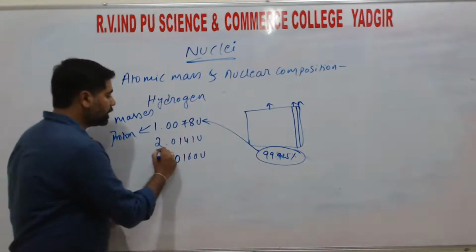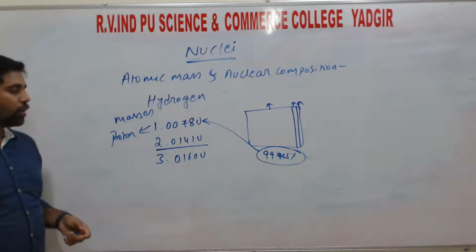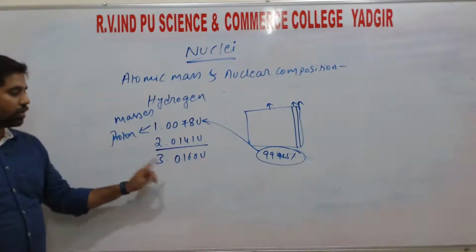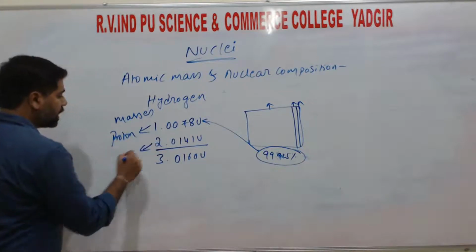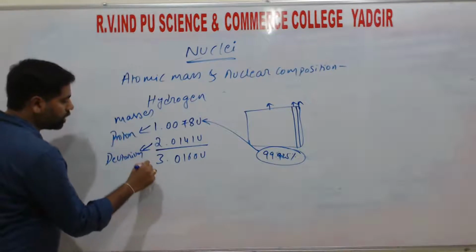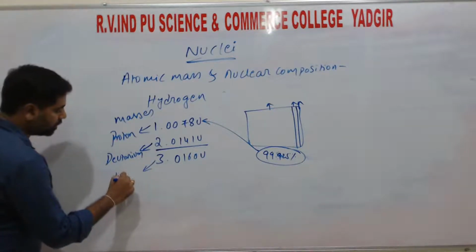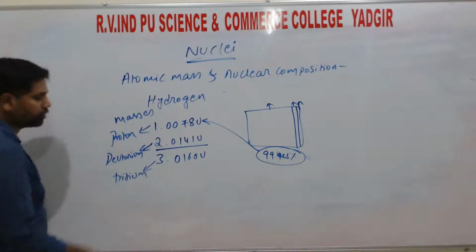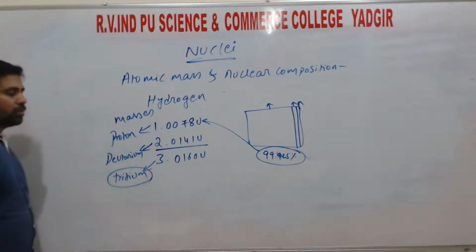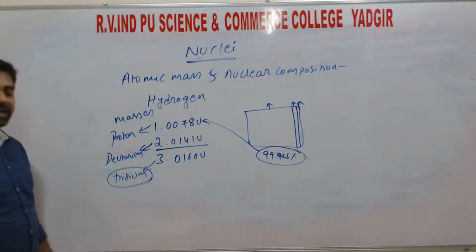The second type is 2.014, and the third type has the mass 3.0160, right? This one is called deuterium and this one is called tritium. Here this tritium is unstable in nature, so it does not directly exist, right? It can be obtained in laboratories.